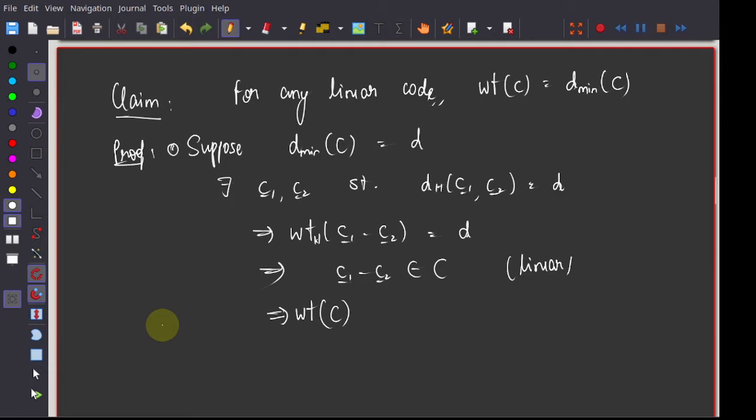C is the code. How do you say that it is greater than or equal to? It is the minimum Hamming weight. And I'm telling you that there exists at least one code word whose Hamming weight is equal to d. So can you say that the minimum Hamming weight is greater than or equal to d?